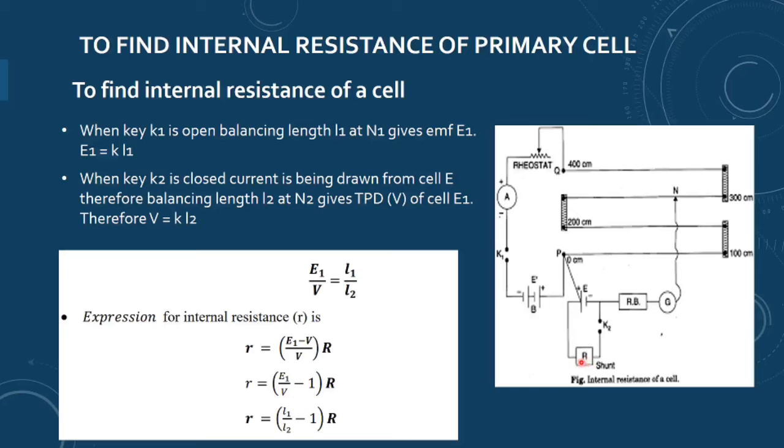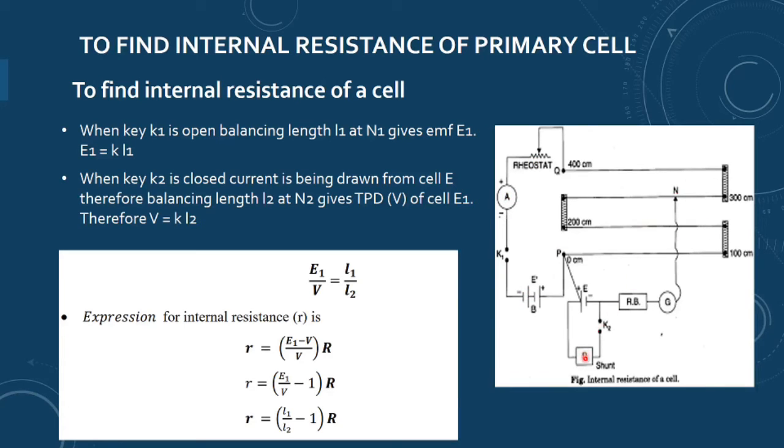And for different sets of observations, I may take like 5 ohm, then 10 ohm, then 15 ohm. And keeping the current the same, I can take different sets of observations for L2. So different sets of observations can be taken by two methods. One is by changing this R. Second is by changing the I. If I don't change the position of the rheostat, the current will be the same, so L1 will not change.